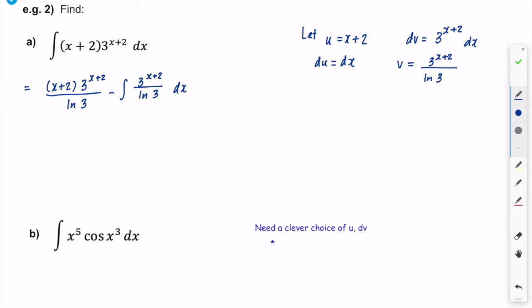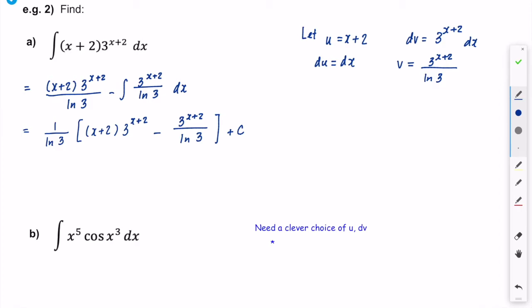This allows me to perhaps factor out the 1 over ln 3 because it looks really complicated. And then here I have x plus 2 times 3 to the power of x plus 2. And then minus the integral of 3 to the power of x plus 2 dx, which really is just 3 to the power of x plus 2 over ln 3 again, right? Because we've done it on the side already, plus c.